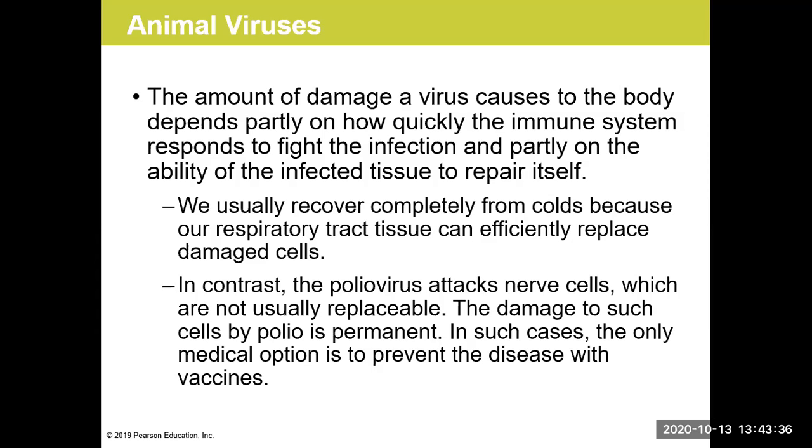But in contrast, the polio virus attacks neurons, our nerve cells, and nerve cells do not divide. After we are 2 years of age, 24 months, there is no regeneration, no mitosis in neurons. So these are not replaceable, and the damage to the neurons by the polio virus is permanent. So the only thing we can do is to prevent the disease with vaccines.